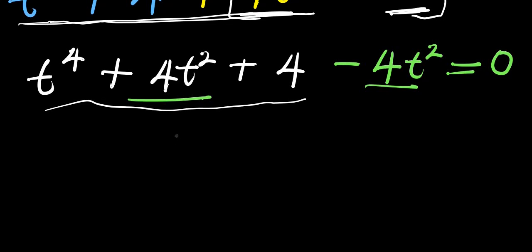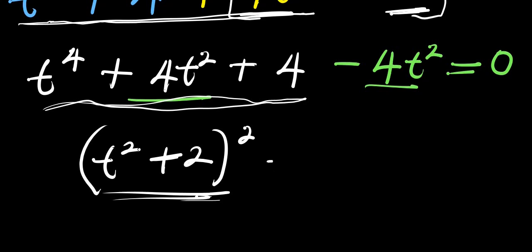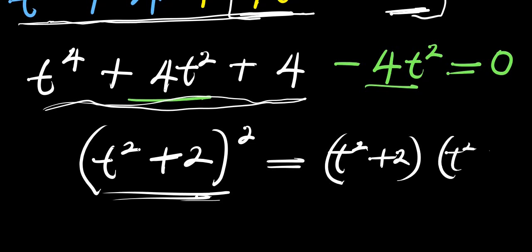So, what this simply means is we can factorize it this way. You can have t squared plus 2, and this is raised to the power of 2. If you expand this, you will get this back. What I mean by that is, if you simply have t squared plus 2, then you have t squared plus 2.